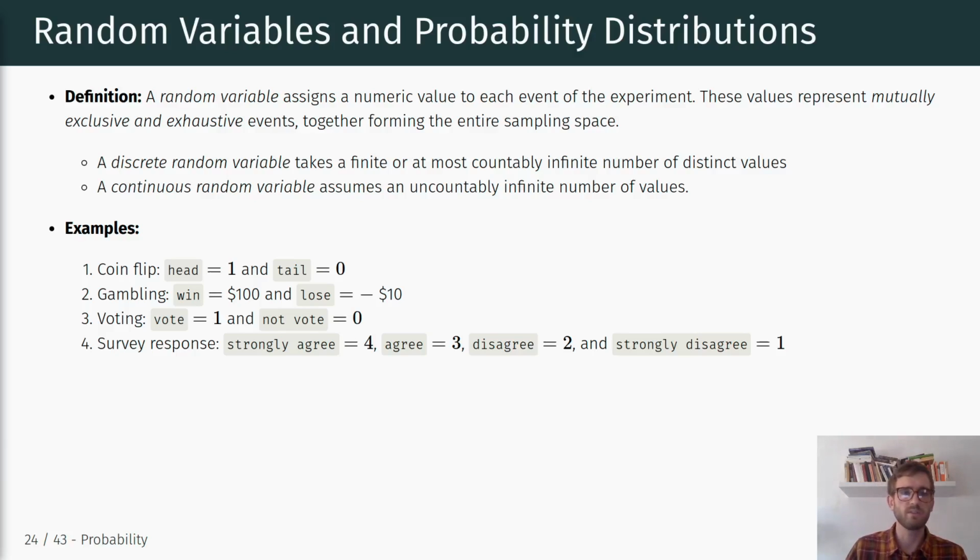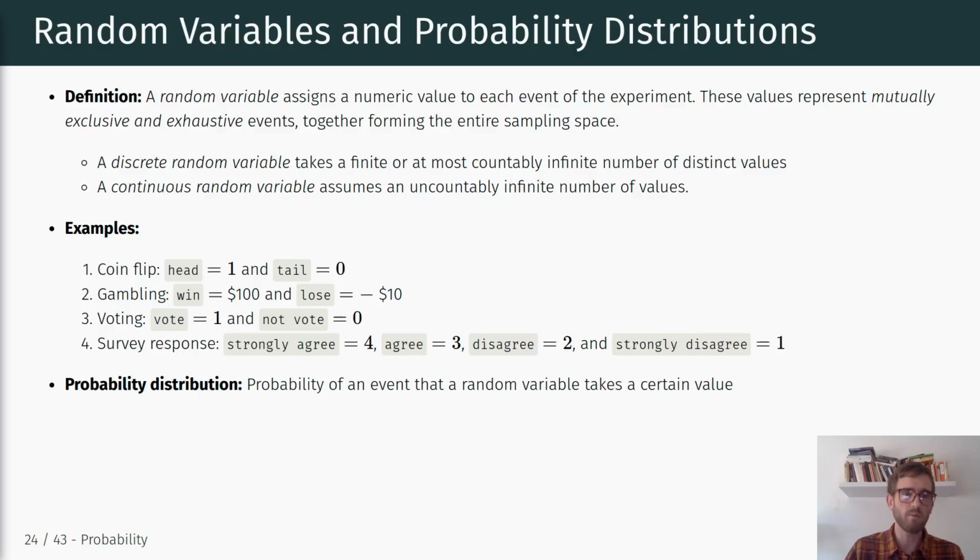Or a lot of the survey responses that we see in nationally representative surveys, where we have Likert scales or agreement scales between strongly agree and strongly disagree, and we can assign numeric values to each of those events, to each of those outcomes, right? And that's what we mean when we talk about a random variable. The variable is basically the assignment of numbers to specific events that are part of an experiment. Okay.